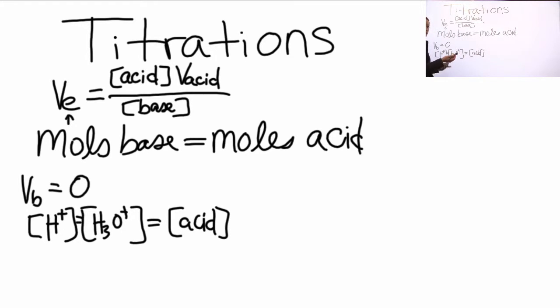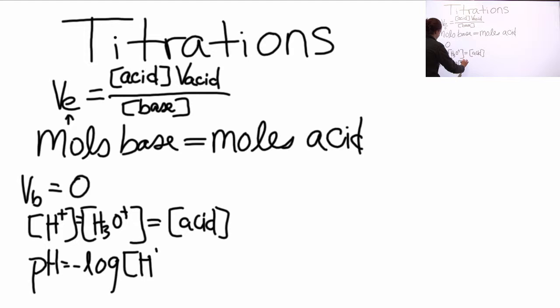And so it's really easy to figure out your concentration of your protons, and then the pH equals negative log of your proton concentration. So that's pretty much the easiest position you might be in.